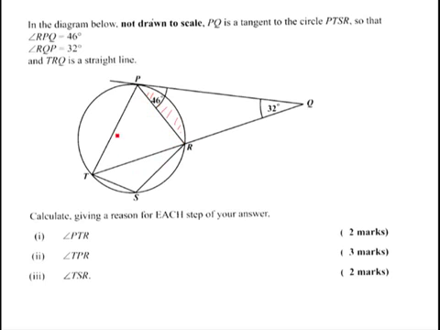This angle here is standing on the same chord, the same point P and the same point R. So this angle is equal to the angle between that same chord and the tangent. We call it the alternate segment theorem. So it's equal to 46 degrees.